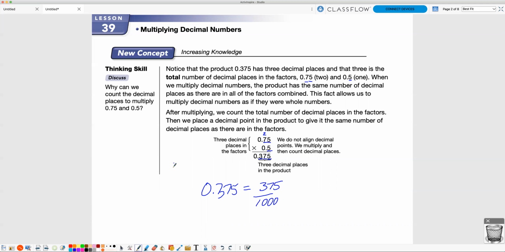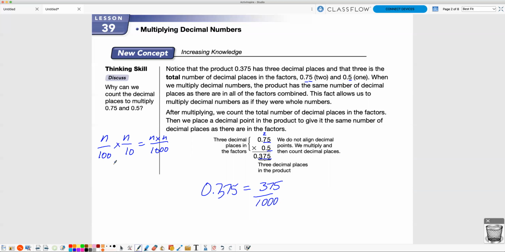So why can we count the decimal places to multiply 75 hundredths and 5/10? Because if you look at it, anything times 100 as the denominator, and anything over 10, will result in n times n in the numerator, and in the denominator you'll be in the thousandths place.